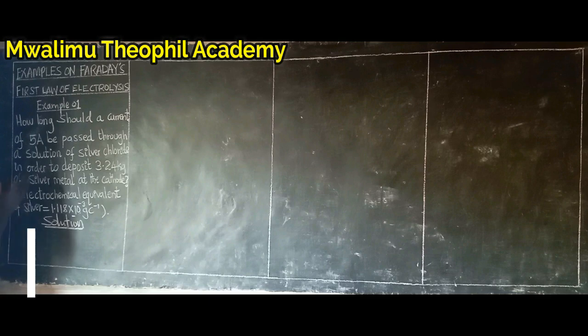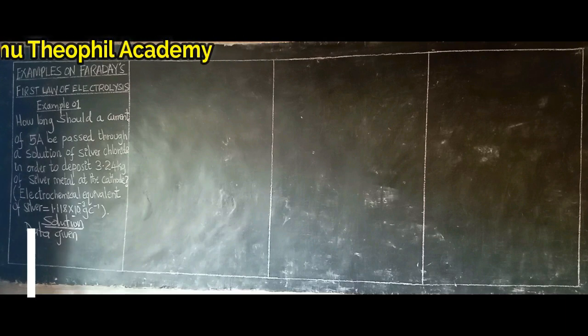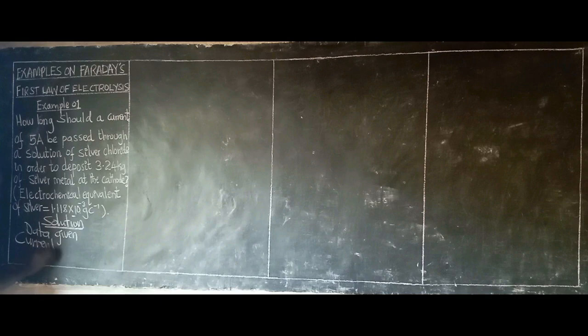After writing the solution, let us analyze the data which we have. Data given. In this question, we are given the current I, which is equal to 5 ampere.